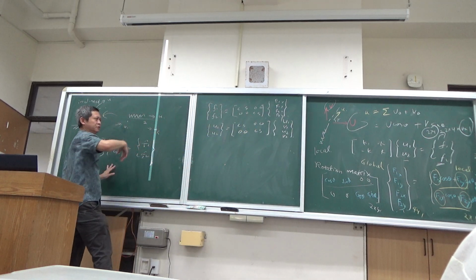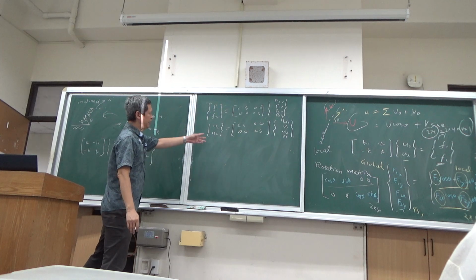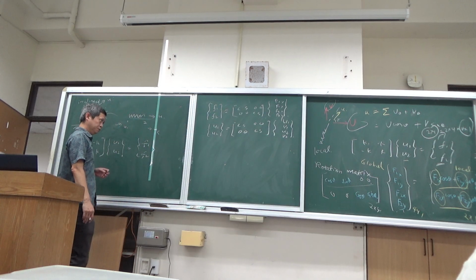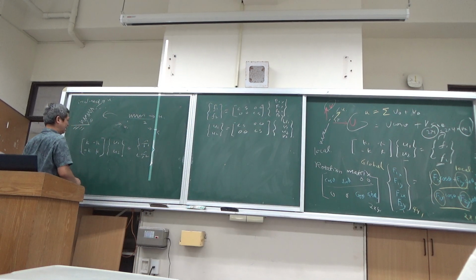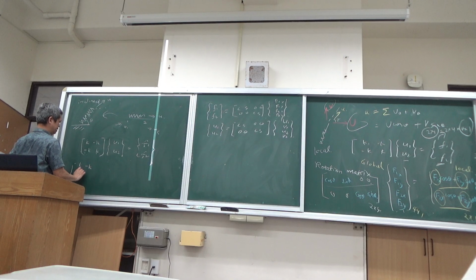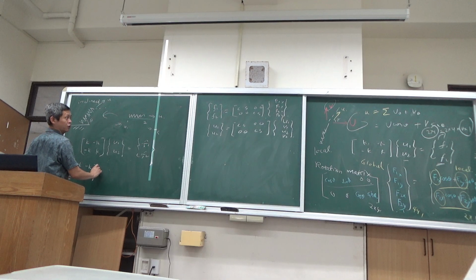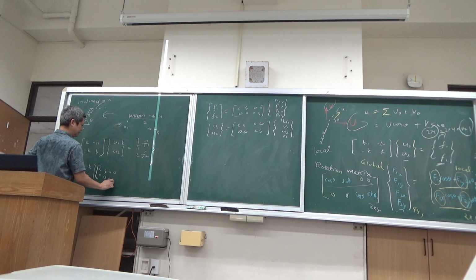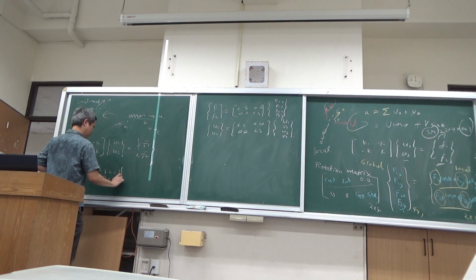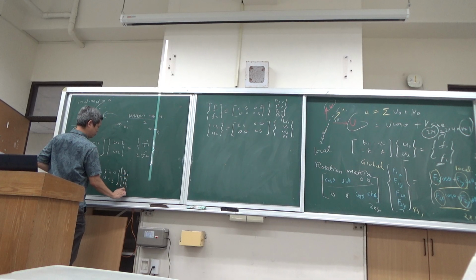So if I do the re-expression here, I have my [K, minus K; minus K, K], then the [C S 0 0; 0 0 C S], times U1, V1, U2, V2.